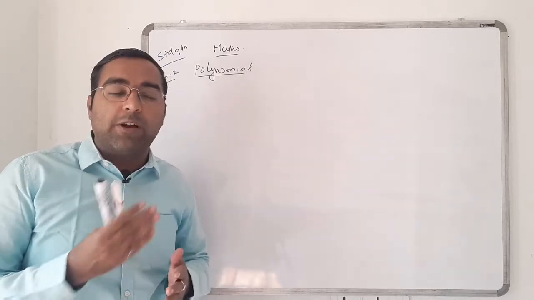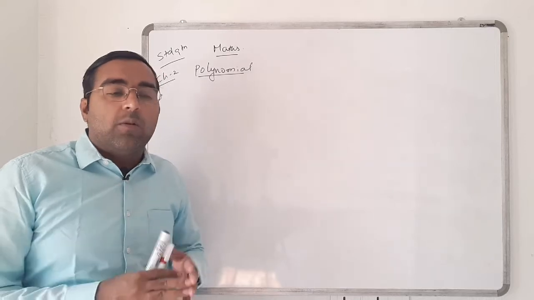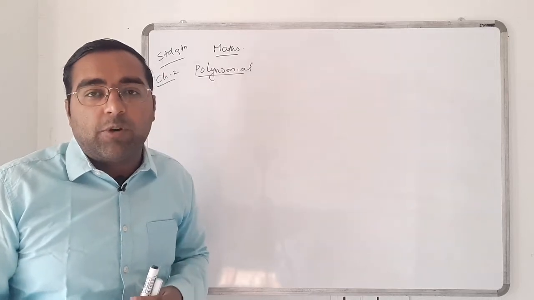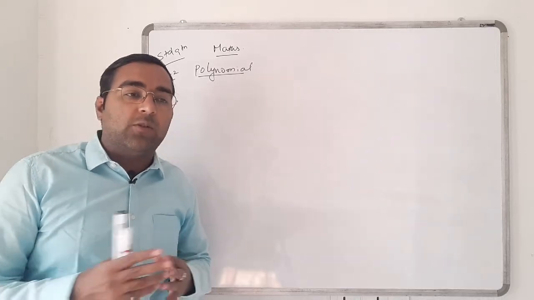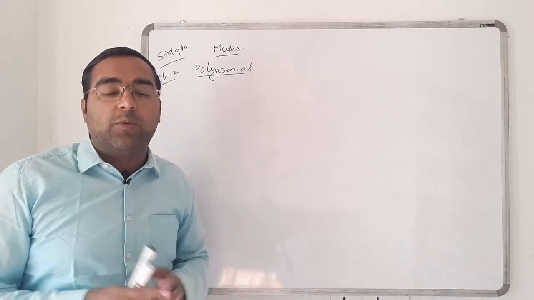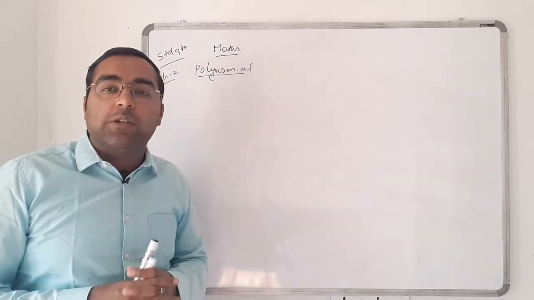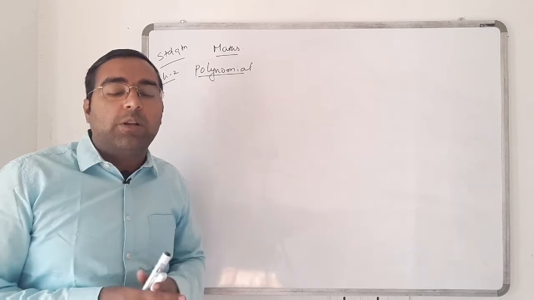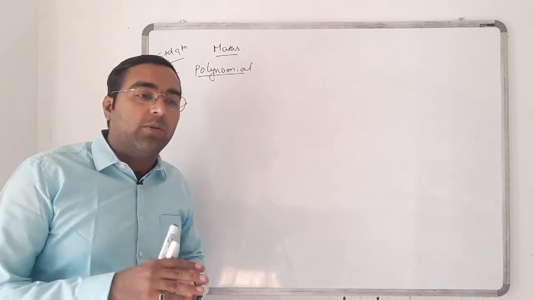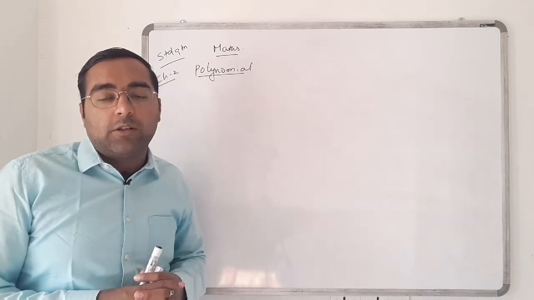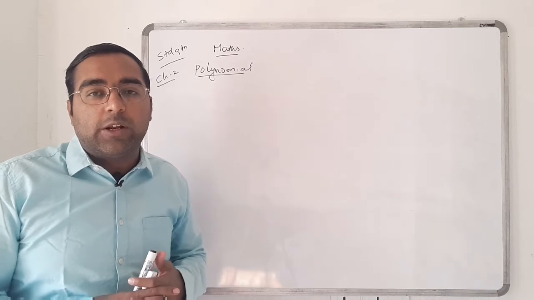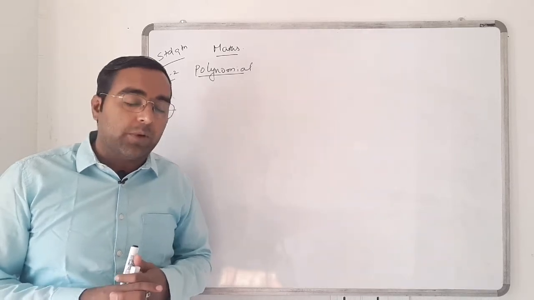What are they? If there is one term in the polynomial, it is a monomial. If there are two terms, it is known as a binomial. If there are three terms, it is known as a trinomial. And if there are more than three terms, it is a multinomial or polynomial.